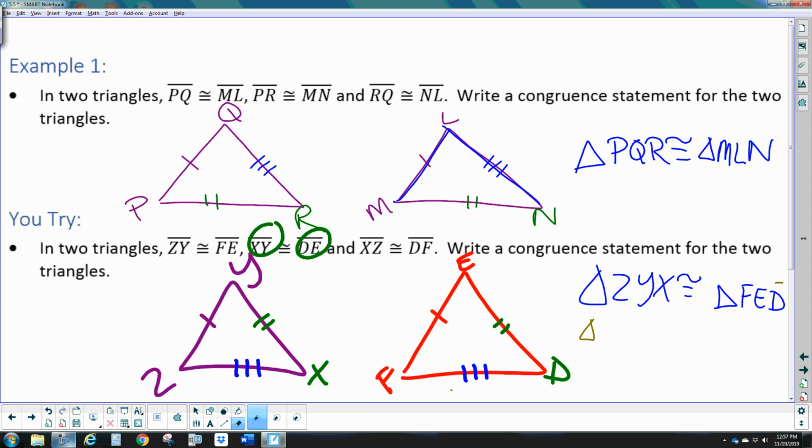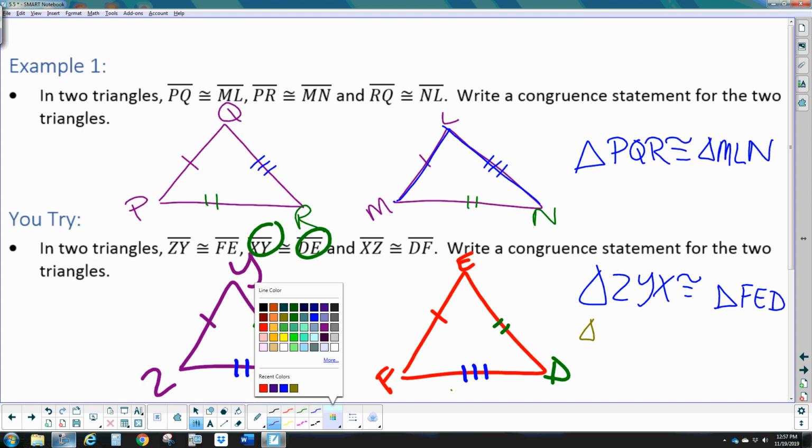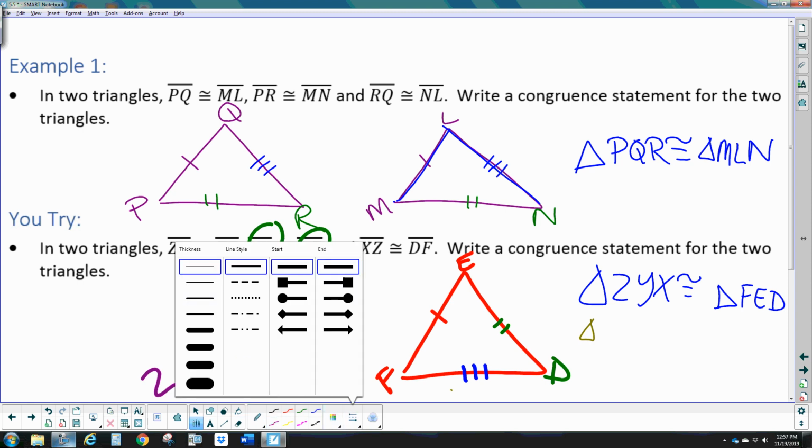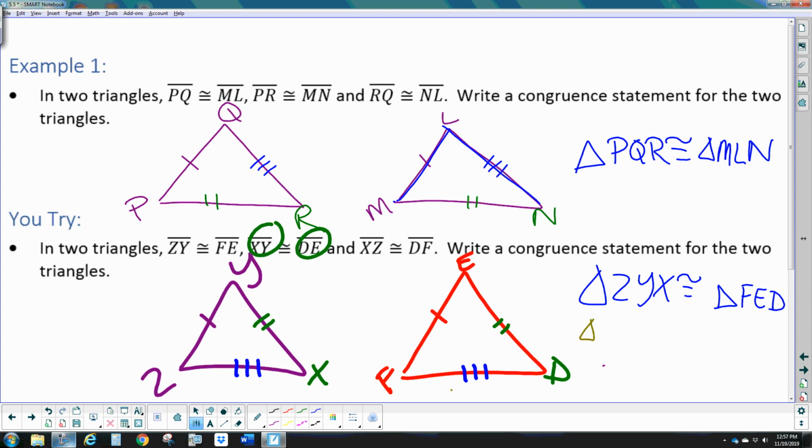So another way you could write this same triangle congruence statement is you could say triangle YXZ is congruent to triangle EDF. Okay, that works too.